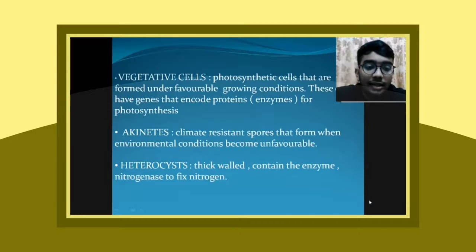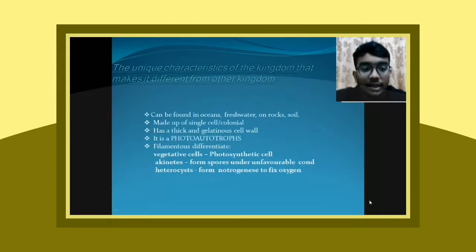Akinetes are a type of climate-resistant spores that form when environmental conditions become unfavorable. The last one is heterocytes, which have a thick wall and contain the enzyme nitrogenase to fix nitrogen. Those are the 3 filamentous differentiations: vegetative cells, akinetes, and heterocytes.